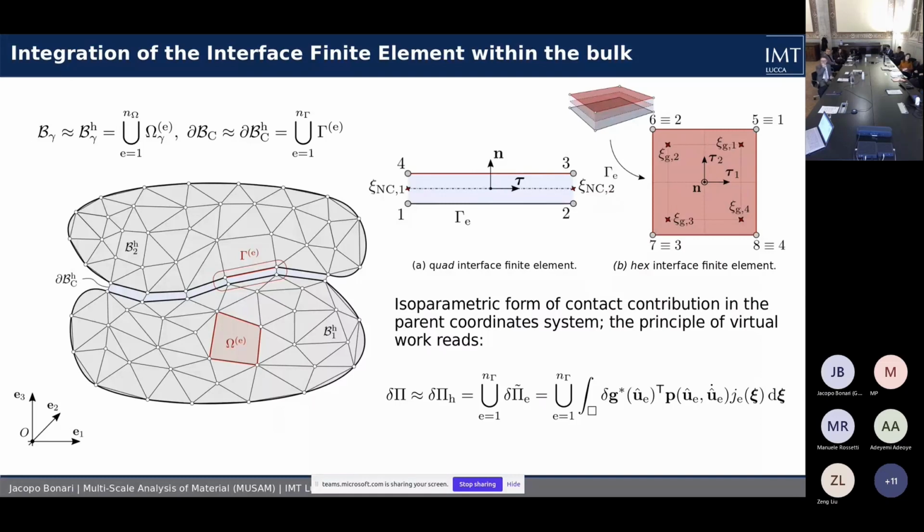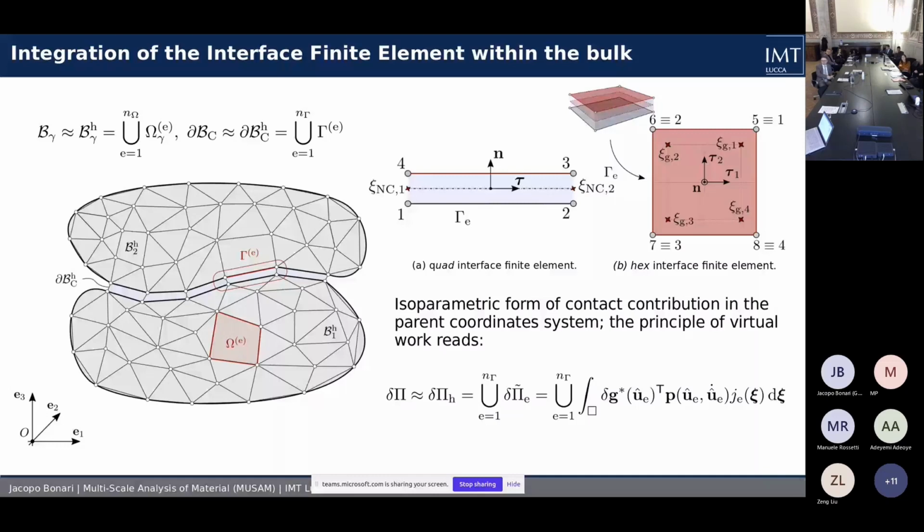of the energetic contribution of the contact interface, which directly depends on the quantity that we have defined before, the corrected normal gap, and the contact traction, which is a vector that stores the forces which are exchanged in correspondence of the contact points of our two bodies.